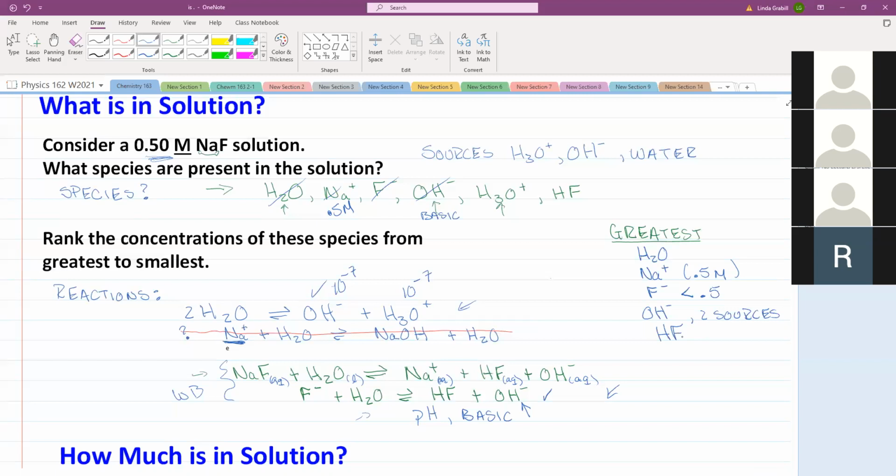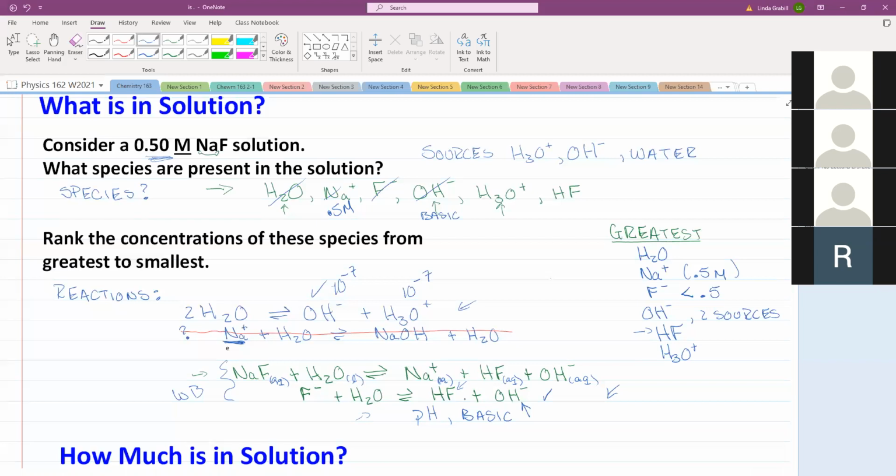So the only thing I have contributing to my H3O plus is the autoionization of water. My HF, if I'm making something basic, that means that I am contributing the HF in that reaction itself. So if my pH has gone up, that means I have that other species in solution as well.